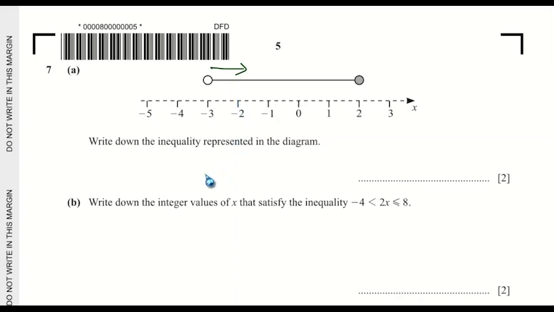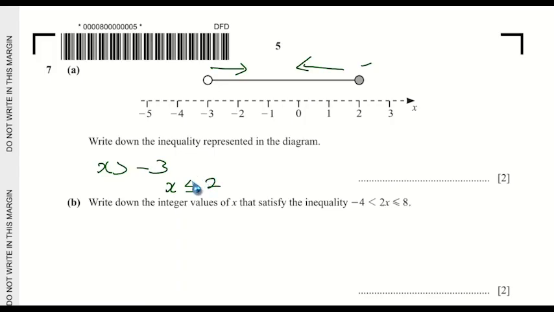We say we have x is greater than -3, because all these numbers are greater than -3. For this one, it is shaded. That means you have equality, and it's like this. So you need all the values of x that are less than or equal to 2.